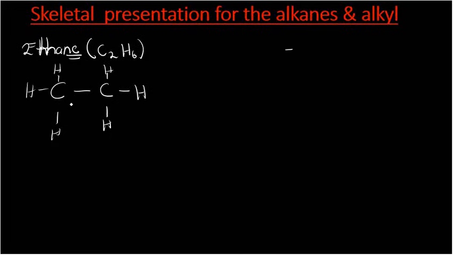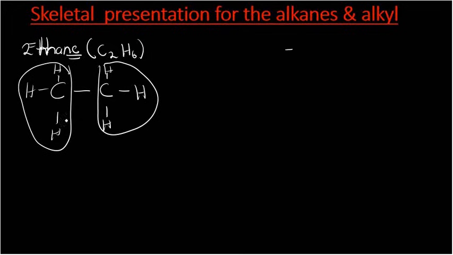Now, for you to write the condensed structure of ethane, you take this part and this part alone. Here on carbon number 1, how many hydrogens are there? There are 3. How many hydrogens are there on the other carbon? There are also 3, like that, right?